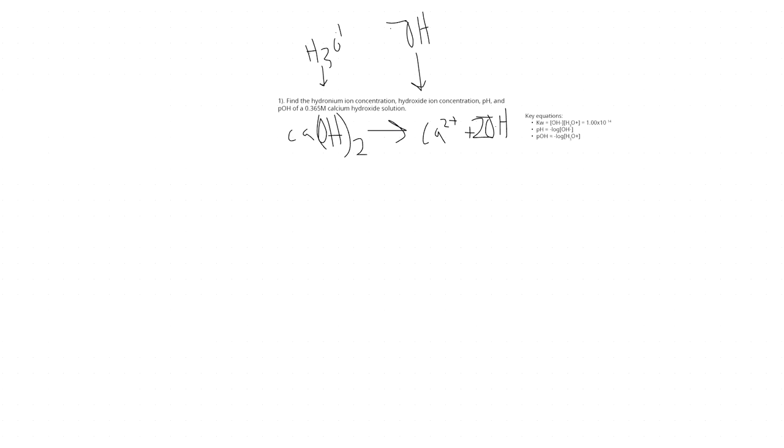We have 0.365 molarity of calcium hydroxide, but when that splits up, for every one calcium hydroxide, we get two hydroxide ions. So how are we going to set that up? 0.365 calcium hydroxide times 2 moles of OH minus for every 1 mole of Ca(OH)2.